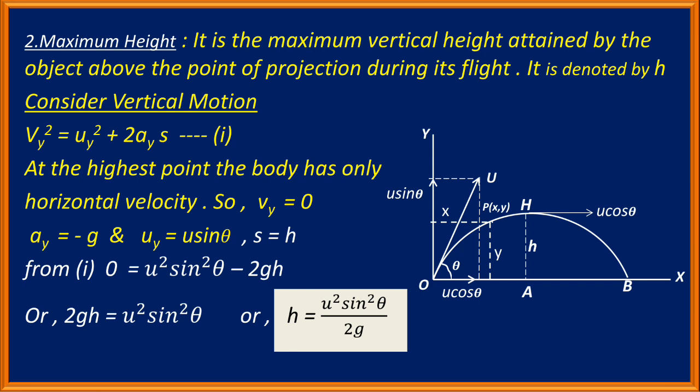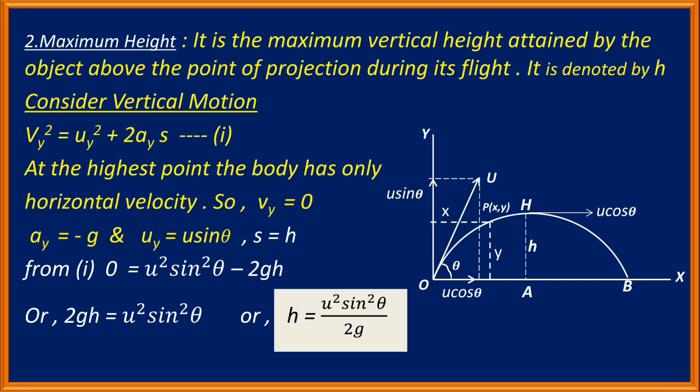Now we consider the vertical motion. We can write vy square equal to uy square plus 2ays, equation number 1. At the highest point the body has only velocity along horizontal side, that is u cos theta. So vy, velocity along vertical side, equal to 0.